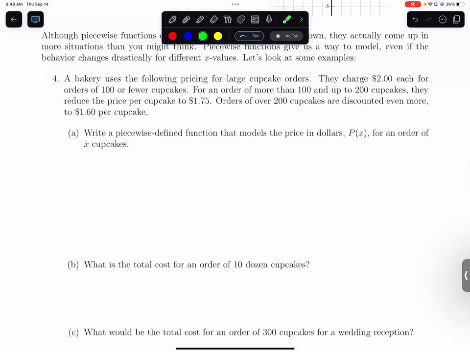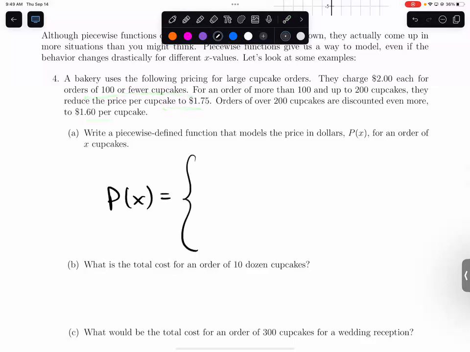How many different tiers are there here? You pay one amount up to 100, you get a discount for 100 to 200, and then you get a bigger discount beyond that, right? That means that your function has how many pieces? 3. 1, 2, 3.